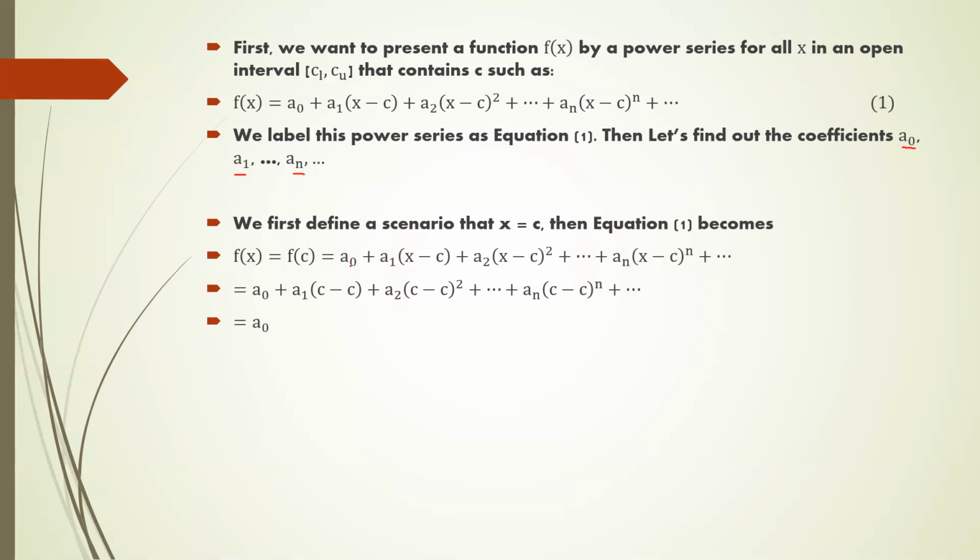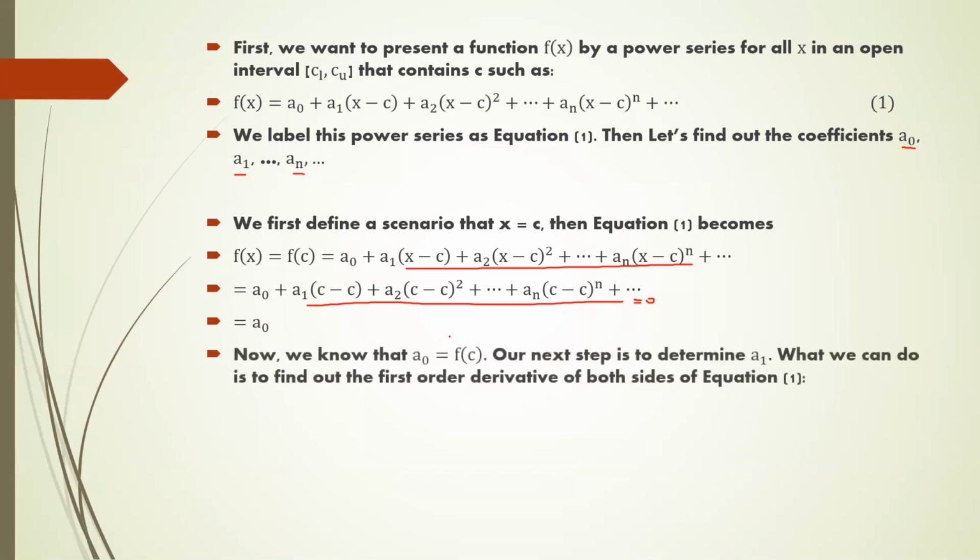On the right-hand side, the terms after the first are all equal to 0 because x equal to c, and c minus c equals 0. What is left is a0, and remember a0 is what we want to solve. a0 is unknown, and we want to solve a0. So now we know that a0 equals f(c) here.